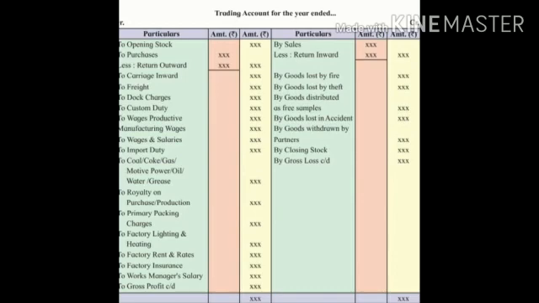When we purchase the raw material, we have to pay the carriage. There are 2 types: carriage inward and carriage outward. When we purchase raw material, we have to pay carriage, and that carriage is recorded in the trading account. That is called carriage inward.